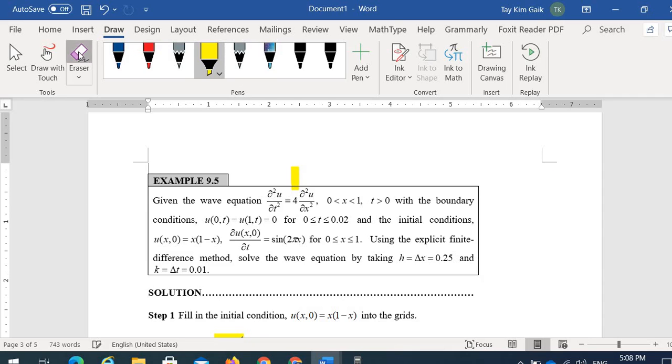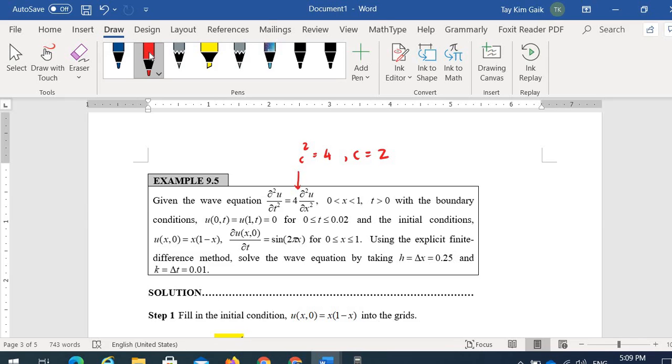The 4 is actually c squared equal to 4, so c equal to 2. x from 0 to 1, the boundary condition u(0,t) equal to u(1,t) equal to 0. t solve from 0 up to 0.02, and the initial condition is given u(x,0) equal to x times 1 minus x, initial velocity del u del t at (x,0) equal to sin 2 pi x, for x from 0 to 1.